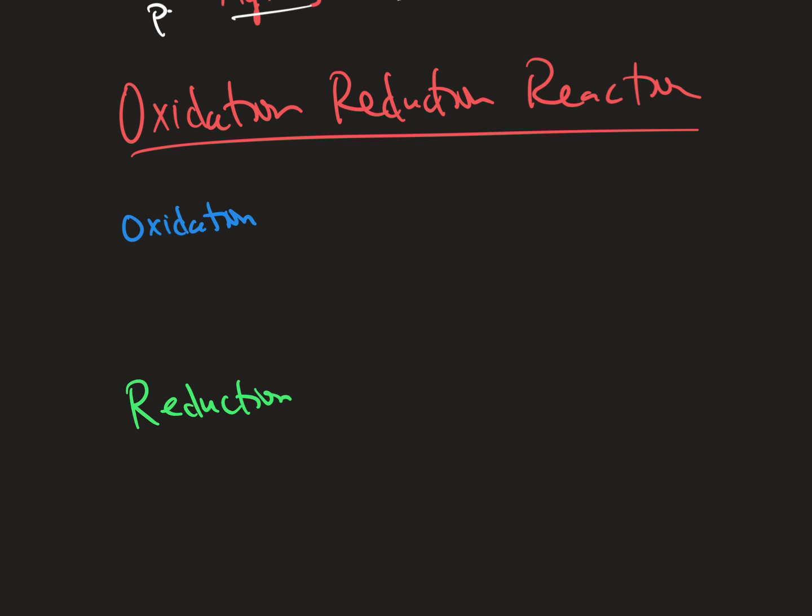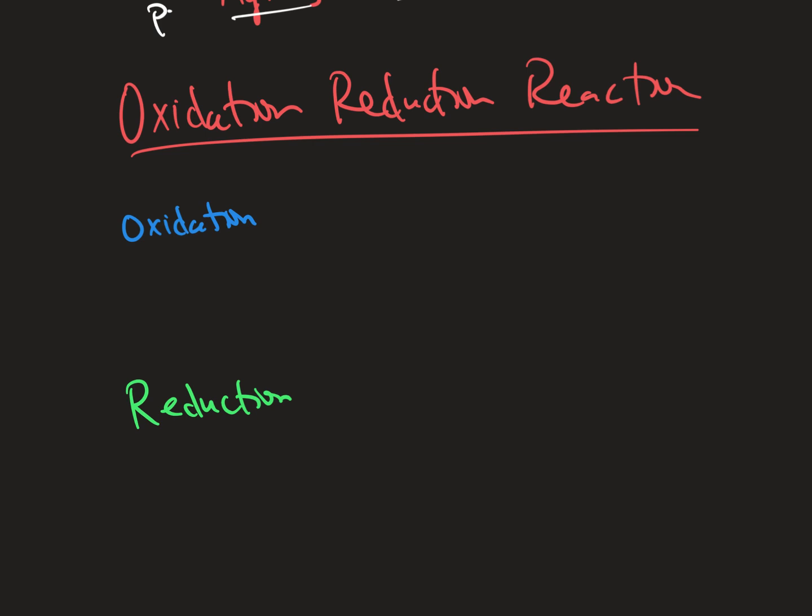Ladies and gents, when I learned this, I just could not wrap my mind around it. Because they kept saying, reduction is when we gain electrons, and oxidation is when we lose electrons. Just memorize that. Well, that doesn't make any sense.